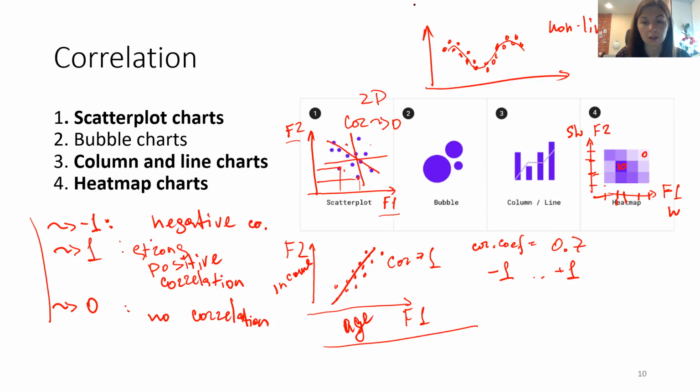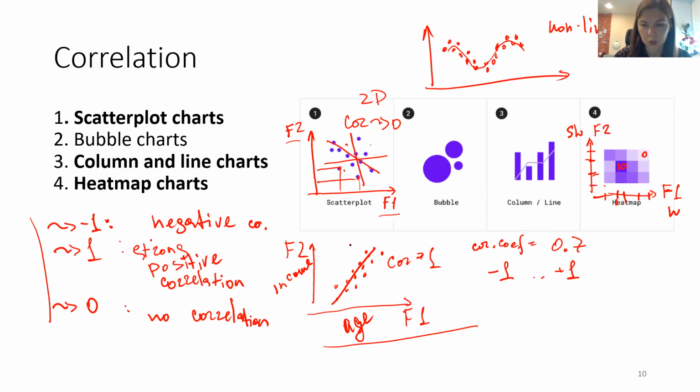Correlation coefficient is close to linear regression, actually, because do you remember that in linear regression we calculate R-square values? R-square value is actually the square of the correlation coefficient. It's really, really close. They are about the same thing. But when you calculate the correlation coefficient, you don't plot the regression line.